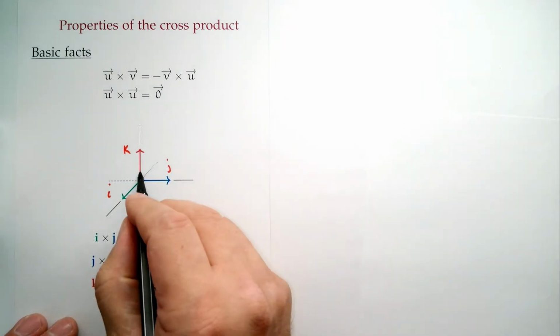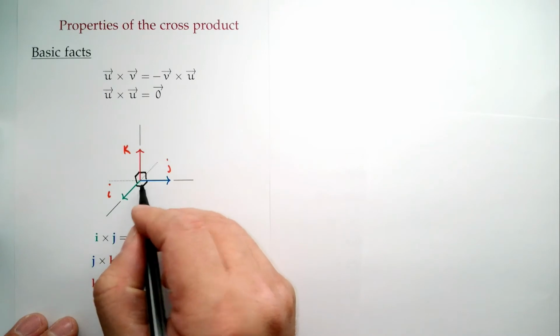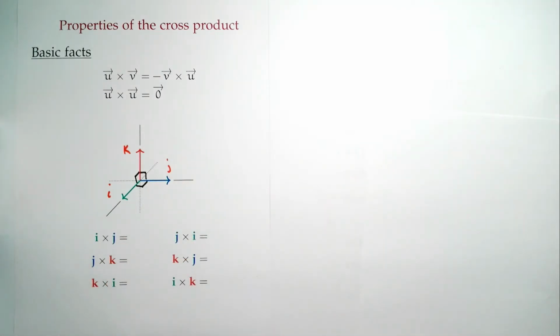So if you look at the angles you're forming here, they are all right angles. So you have a nice set of right angles to work with. So the sine of the angle in between is always going to be 1. These vectors i, j, and k all have length 1. And so the cross products that we have to figure out all have length 1.